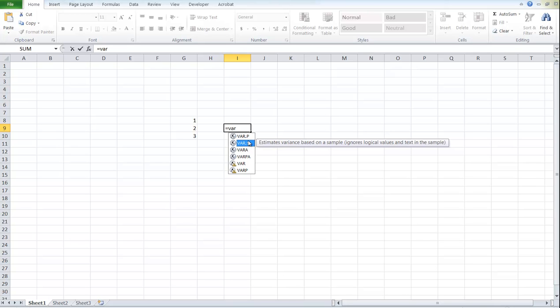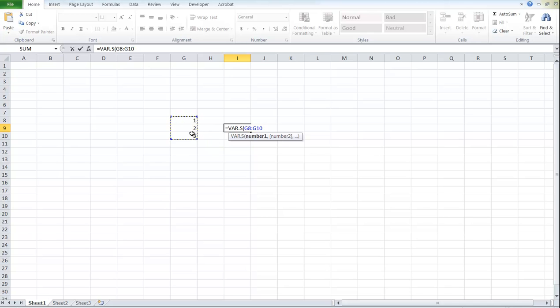One is dividing by n, and the other is dividing by n minus 1. Let's try this. This was var.s, so sample. So this will divide by n minus 1.